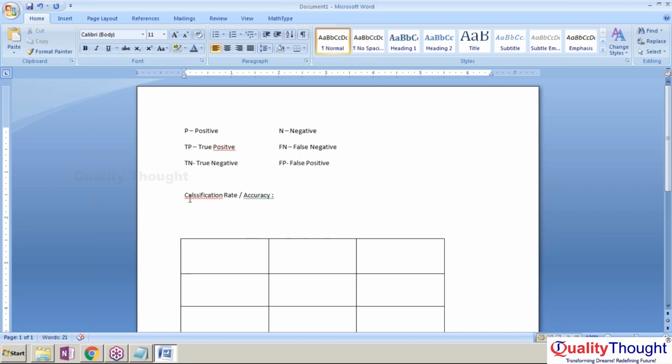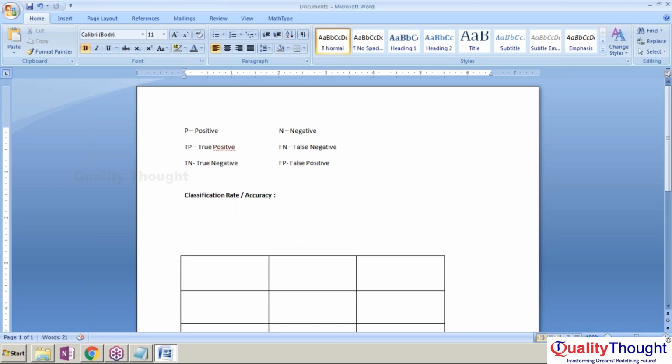We can determine this classification rate or accuracy something like this: TP plus TN divided by TP plus TN plus FP plus FN. Okay, all the true positives plus true negatives divided by true positives, true negatives, false positives, and false negatives. All of you understand this one?